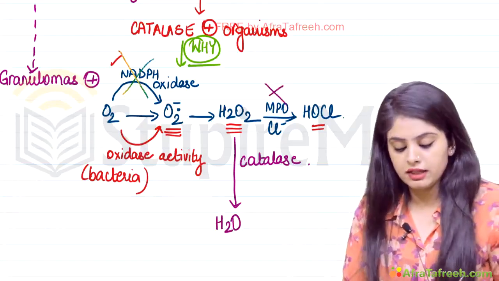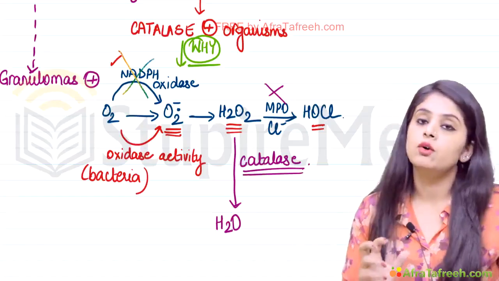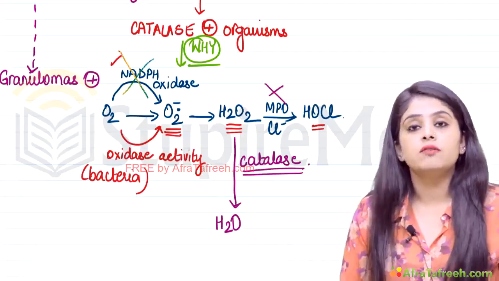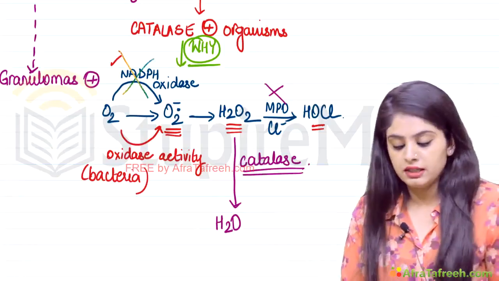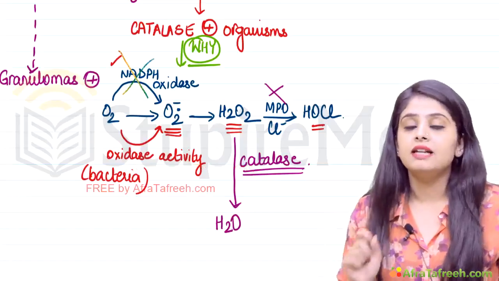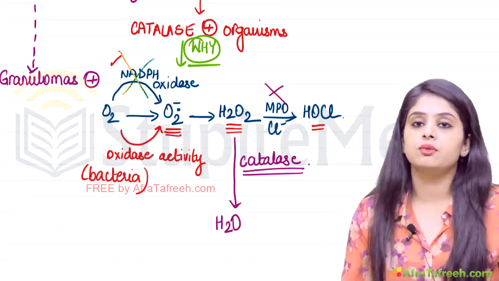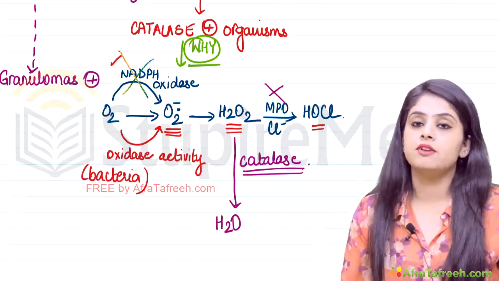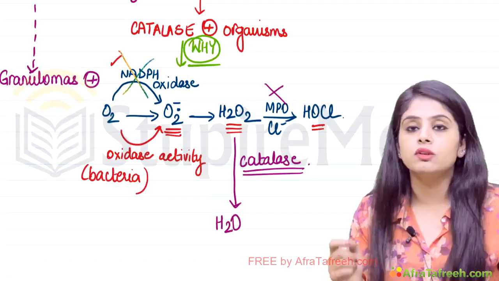No, because the catalase positive organisms have broken down this H2O2. A catalase negative organism would not have broken this down, resulting in the formation of HOCl and resulting in its own killing. That is why patients of chronic granulomatous disease suffer only from catalase positive organism infections, for example, Staphylococcus aureus.